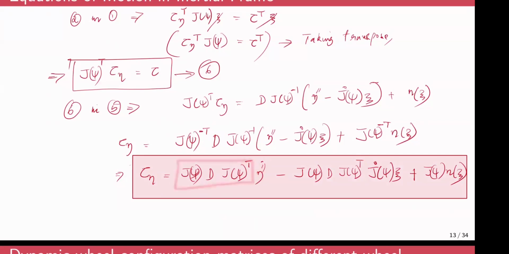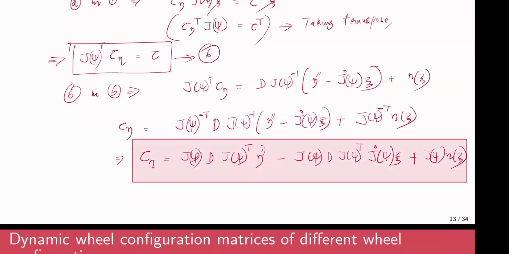So I'll write that mass matrix D of eta as J of psi D J of psi transpose. This was our mass matrix in the body fixed frame of reference, and this is the mass matrix with respect to the inertial frame of reference.